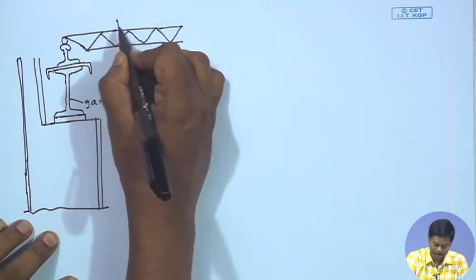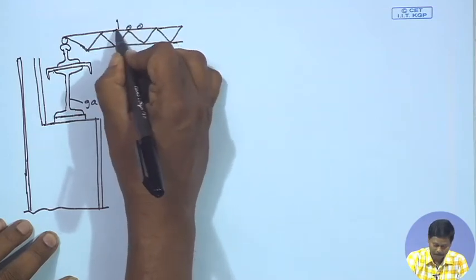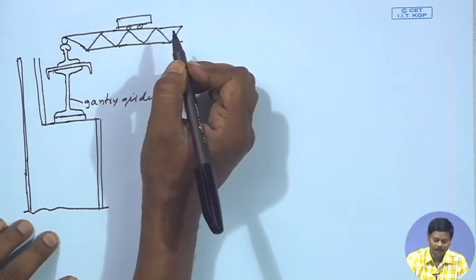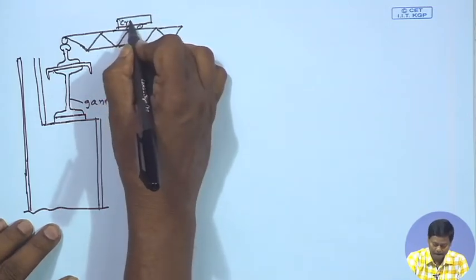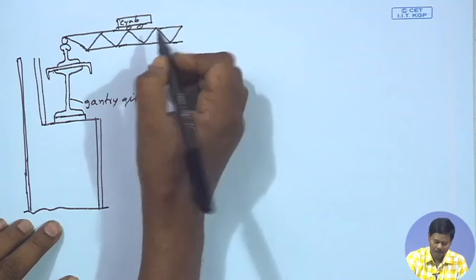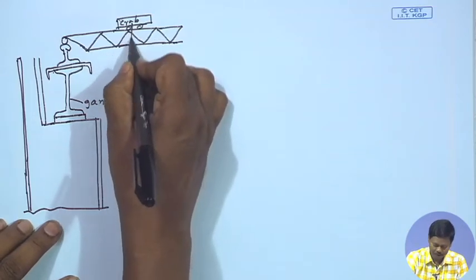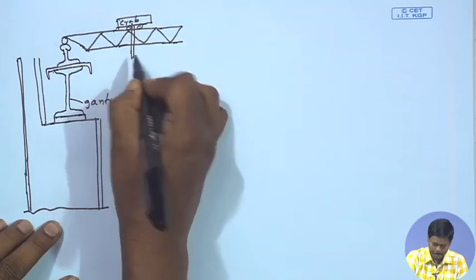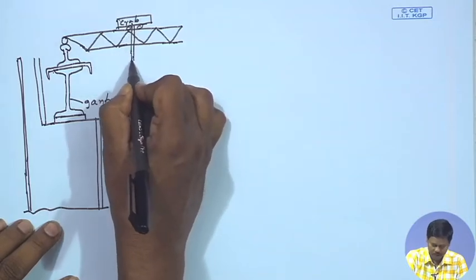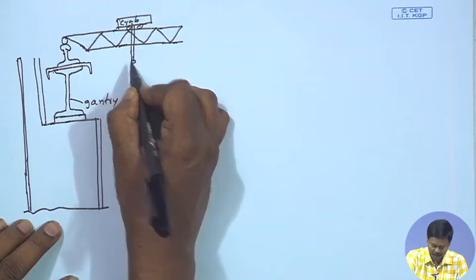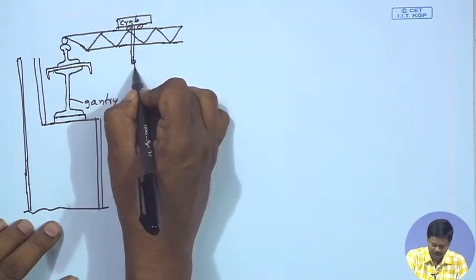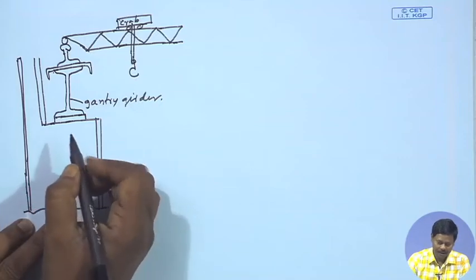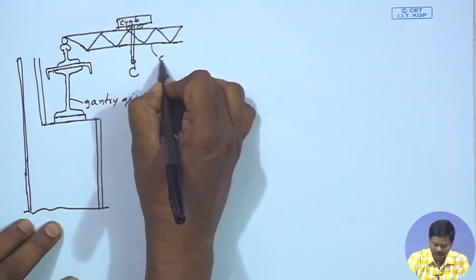This is called the crab, a trolley from which the load, meaning the instruments, are shifted from one place to another place, right. And this is called the crane girder.